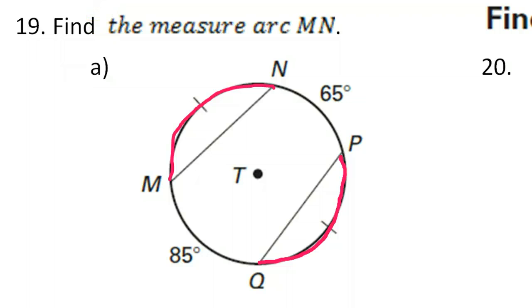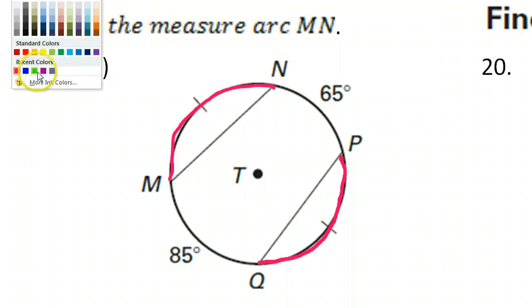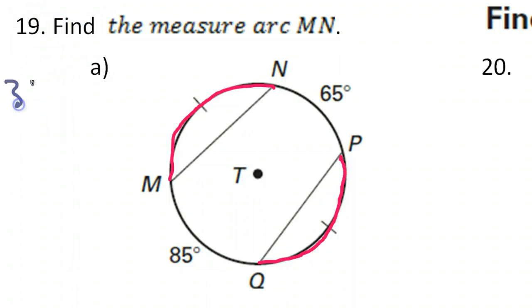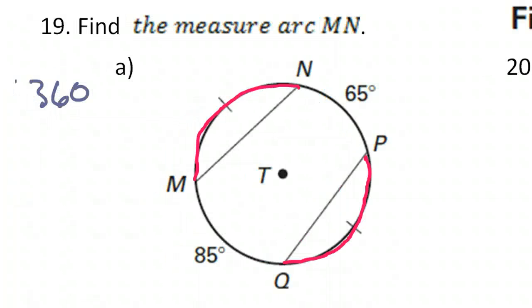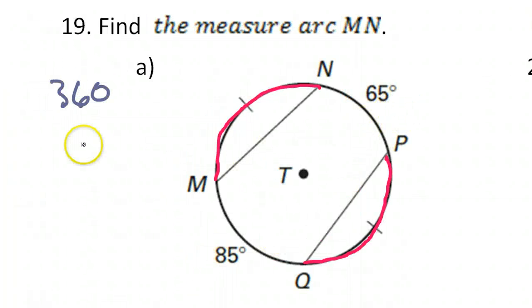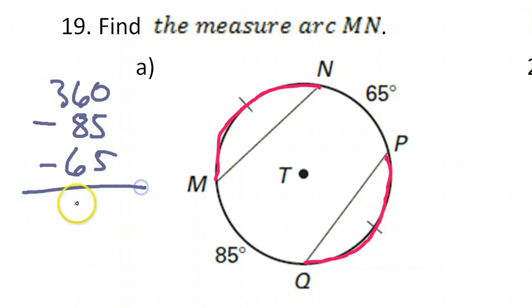So let's start with our 360 degrees. If I start with 360 and I subtract the two arcs that were given, so if I subtract 85 degrees and I subtract 65 degrees, let's see what's left. That is 210 degrees.